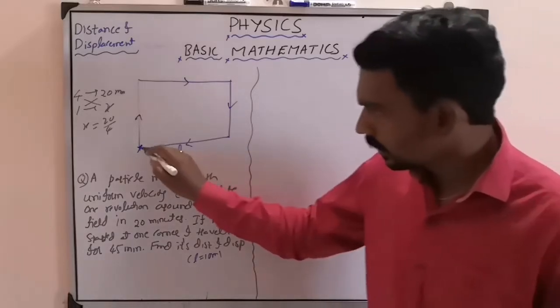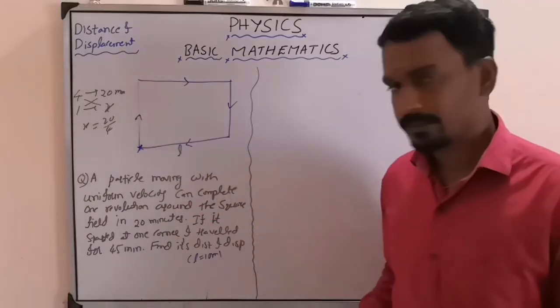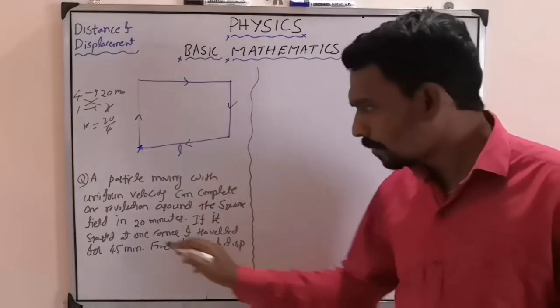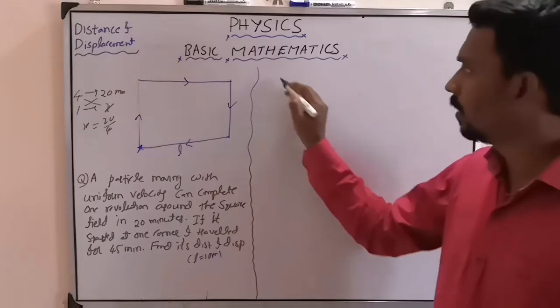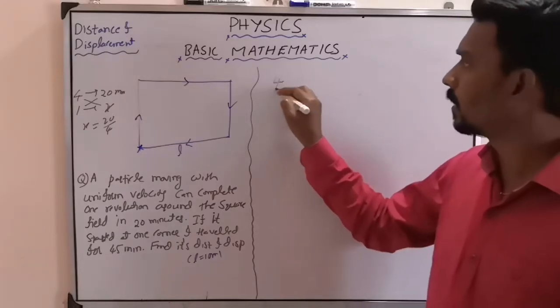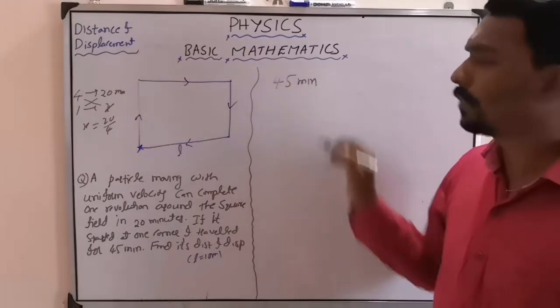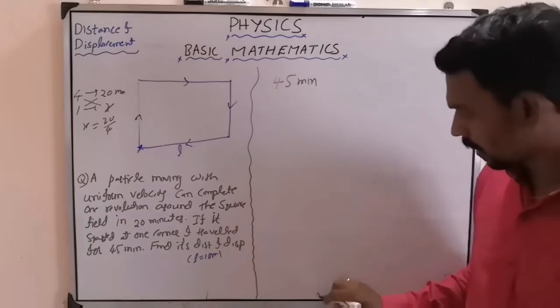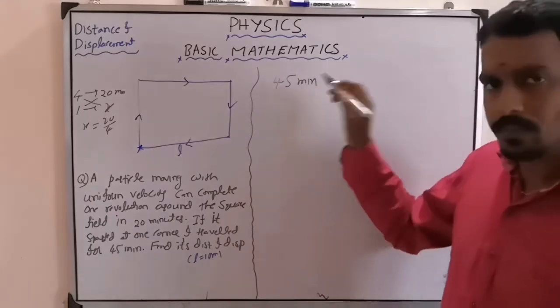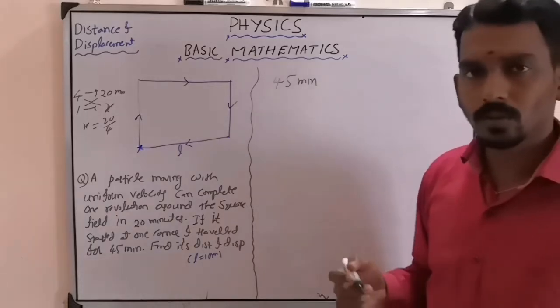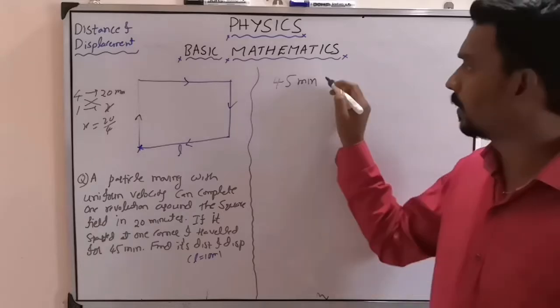Now let's take the journey. See, he traveled for 45 minutes. Within 45 minutes you have to divide properly.